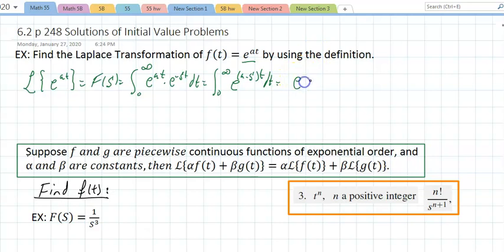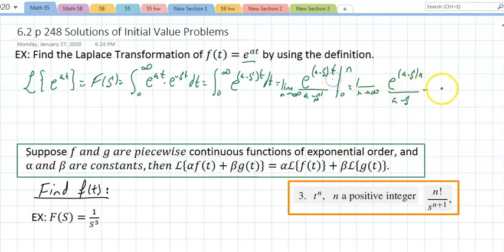That would be e to the (a minus s)t divided by (a minus s), evaluated from 0 to n, taking the limit as n approaches infinity. That is the limit as n approaches infinity of e to the (a minus s)n over (a minus s), minus, if you throw a 0 in there, 1 over (a minus s).